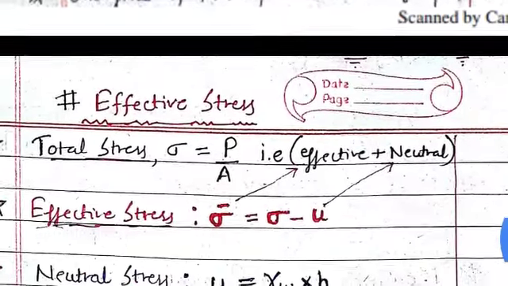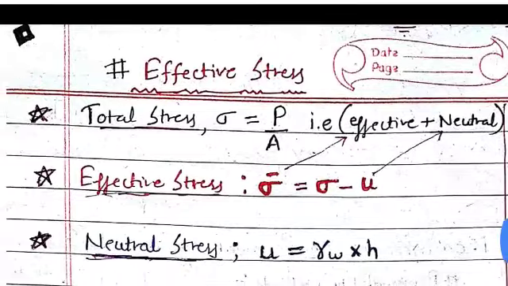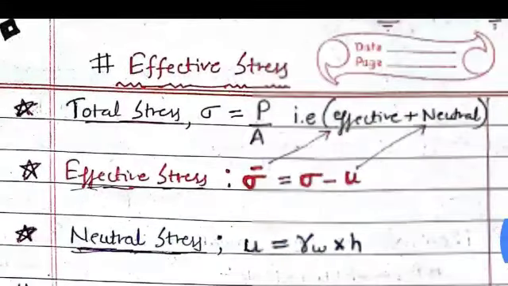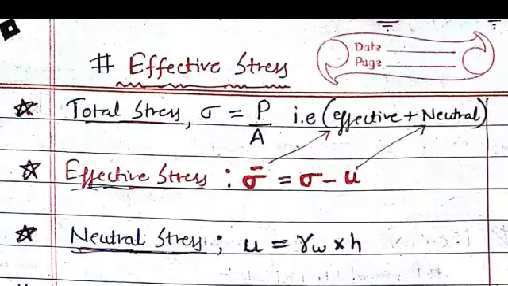And next one is effective stress in soil. First one is total stress, denoted by sigma equal to P upon A, that is force upon area or load upon area.